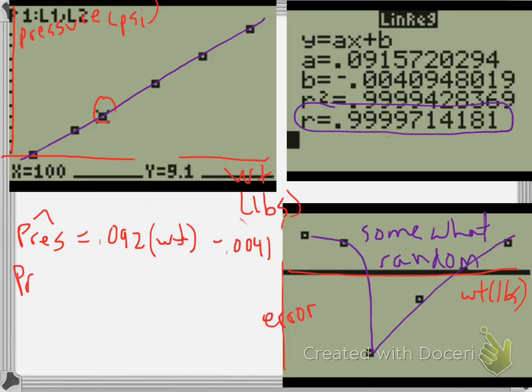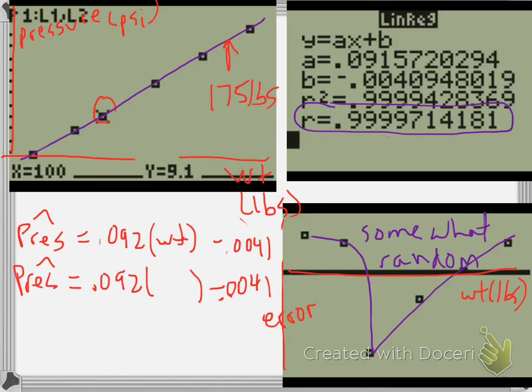So if I write that again, the predicted pressure, 0.092, they want me to substitute, there's 0 here, they want me to substitute 175 pounds, and that's within our data. It's around here. There's 175 pounds in there. So it's in our data, so I'm comfortable making a prediction with this model.